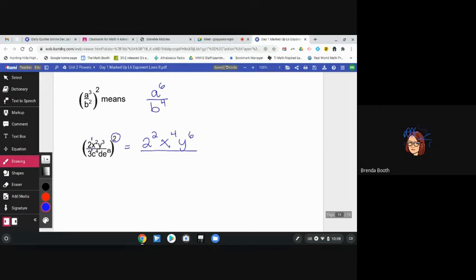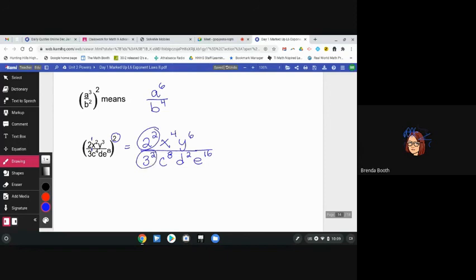So take that 2 on the outside and apply it to everything in the denominator. So we'd have 3 to the power of 2, c to the power of 8, d to the power of 2, e to the power of 16. Any questions there? Now, because we've got some numeric bases, we should always actually evaluate when we have numeric bases.